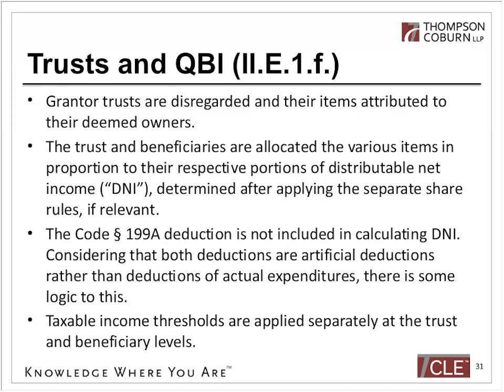The K-1 will report half of the wages and half of the qualified property. Then the beneficiaries will apply the beneficiary's taxable income. That will be plugged in with your business income and the wages and the property, and so that will be applied at the beneficiary level.